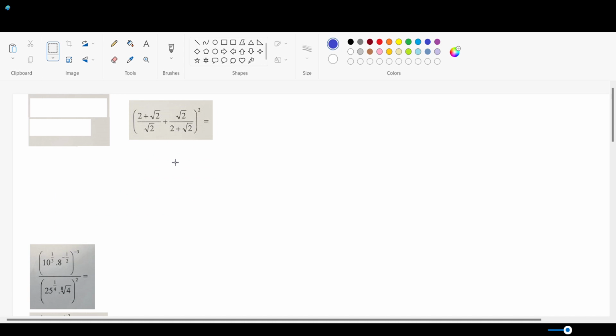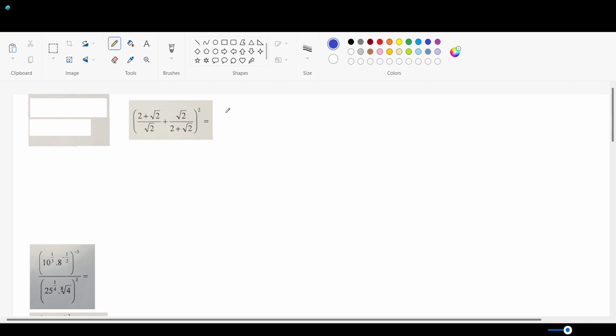And again, to be honest, I don't know what to do, but when I look at this, first thing I would do, as I have the plus sign here and I have the square roots in the denominators, I would first rationalize both fractions.